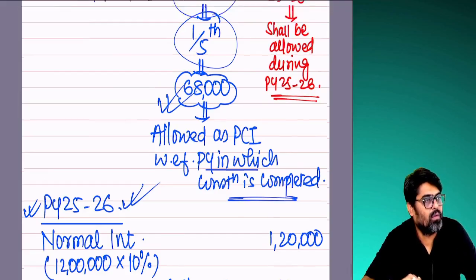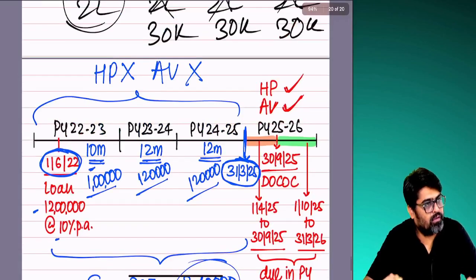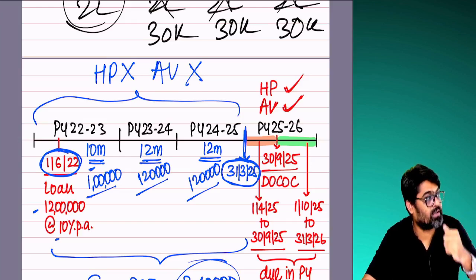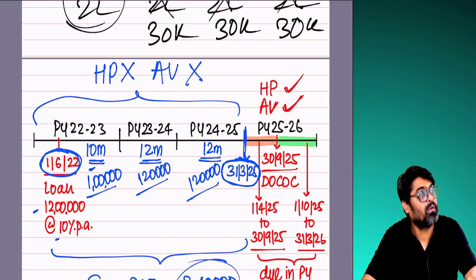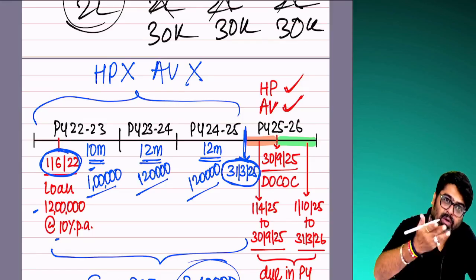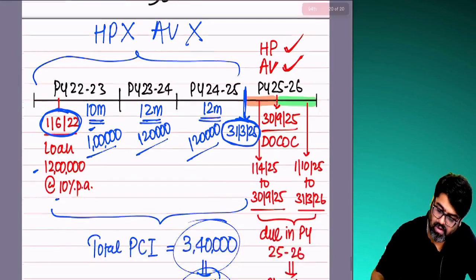So now somebody will say, sir, why have you stopped your pre-construction period on 31st March itself? It should stop on date of completion of construction, no? The logic I already gave you earlier. Why?